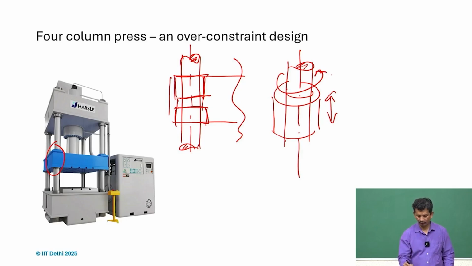So 2 DOF it will have. So 1 bushing gives 2 DOF and provides 4 constraints.